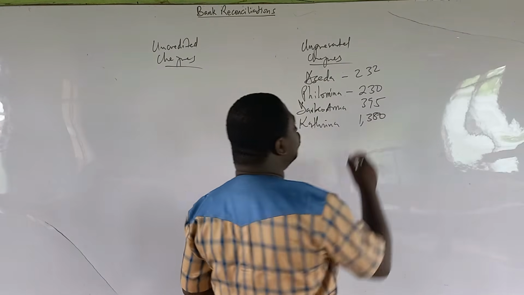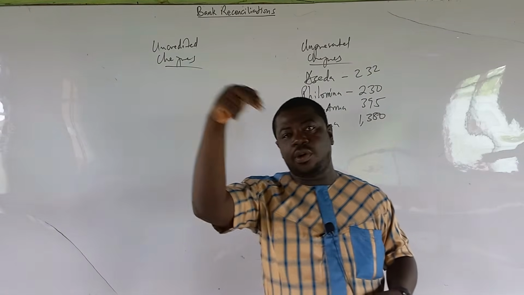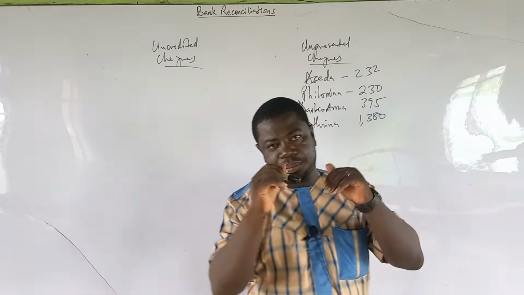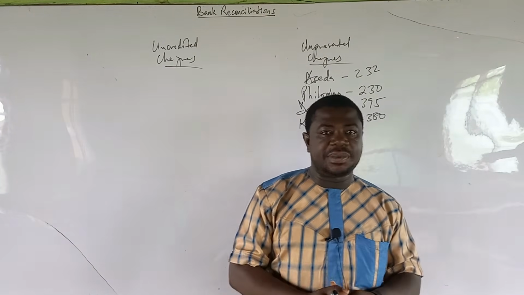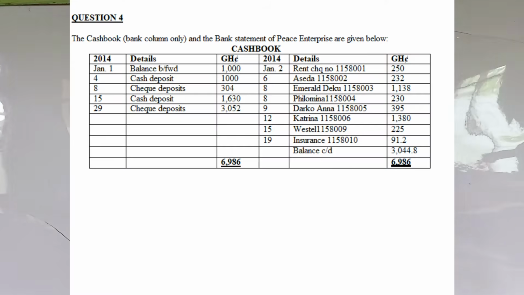So you see how to identify unpresented checks. You look at the credit side of the cash book and compare with the debit of the bank statement. Any check on the credit side that did not appear on the debit of the bank statement becomes an unpresented check. All right. Now let's continue. Vestel, 225 on the credit of the cash book.